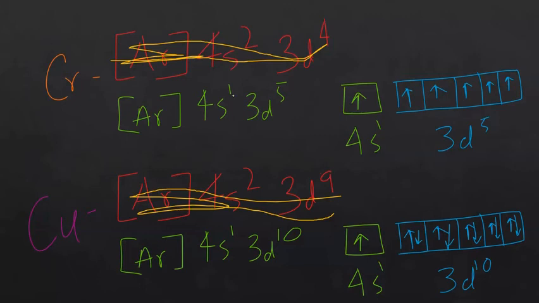Whereas if you have a 4s1, that is still a half filled S subshell, so it's still quite stable. And 3d5, that's a very stable subshell as well. And 3d9 is extremely unstable, whereas 3d10 is extremely stable, and 4s1 is okay stable. It's not as stable as 4s2, but it's still stable.